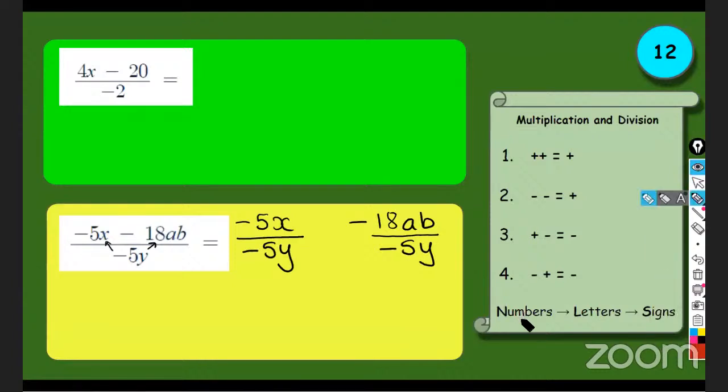Let's start off with the numbers. When you divide 5 and 5, you're going to get what? 1, right? I think somebody was asking me if 5 divided by 5 is 1. Yes, right? So you put your 1. Now to the letters. There are 2 letters involved, X and Y. How many of you wrote the X and Y like that? How many of you fell for that trick?